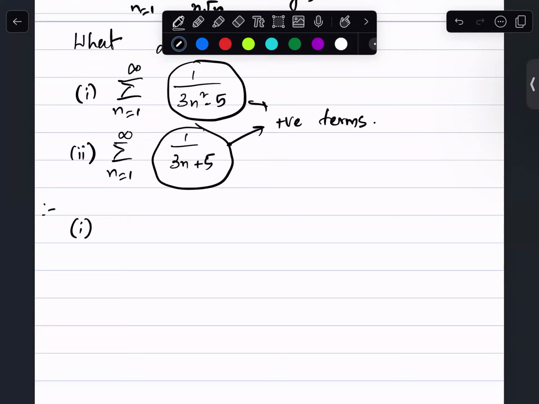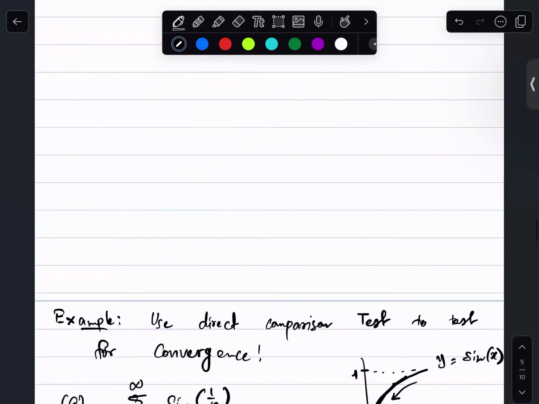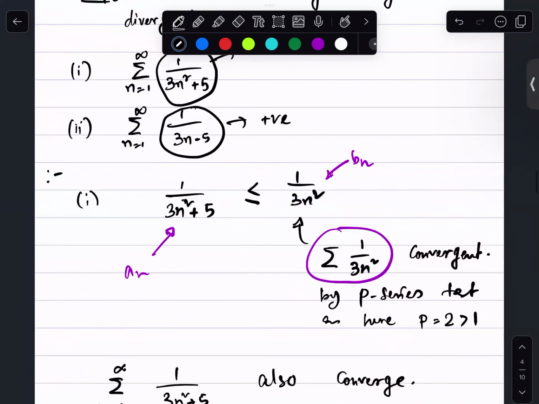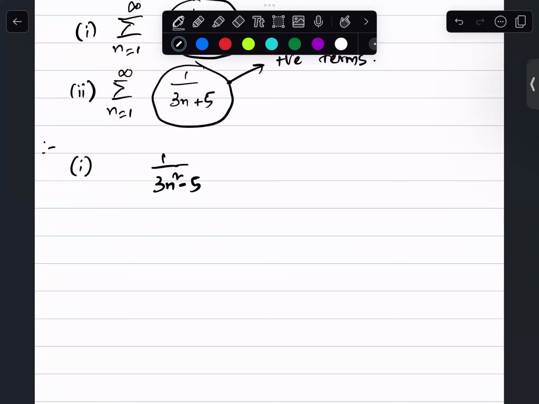For 1 over 3n squared minus 5, it's the same problem as before. So you might think I can use this inequality instead of what we have done before. This is also true, right? But here summation 1 over 3n squared converges, right?